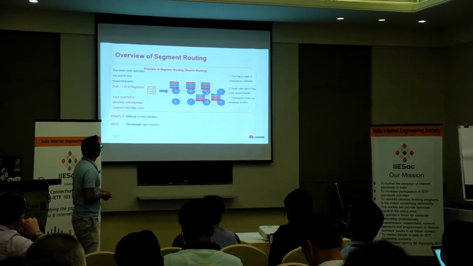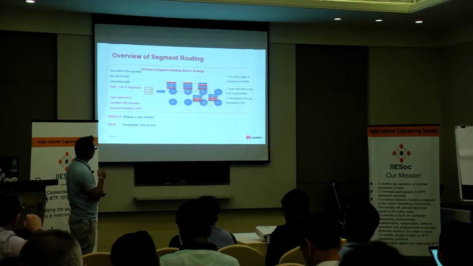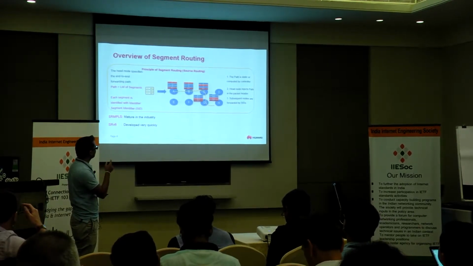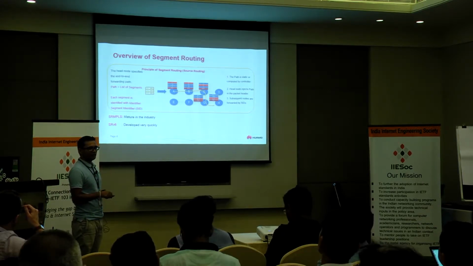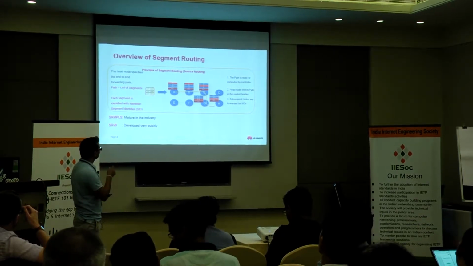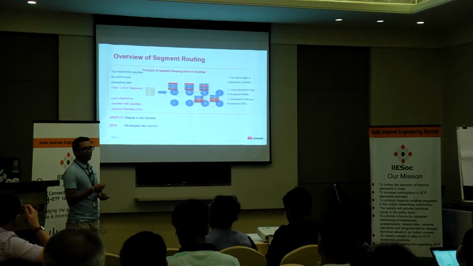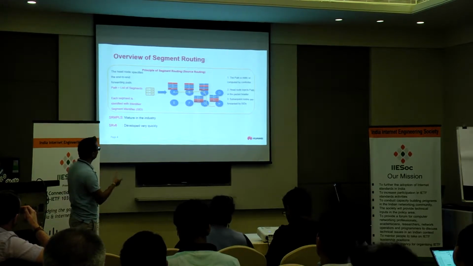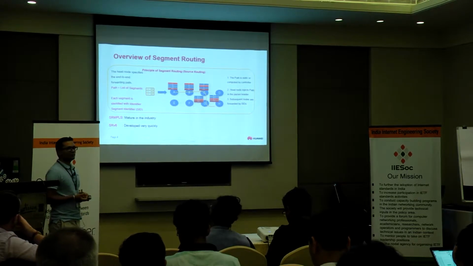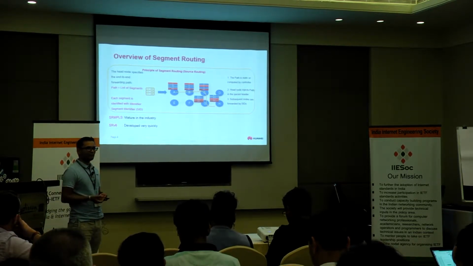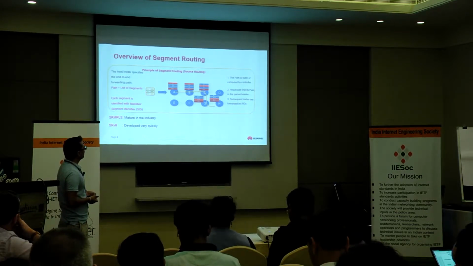It goes via C, G, and then H. A forwards the packet to C. C understands the instruction, which is already programmed in C, then executes to G and H. It doesn't send it to D. Maybe the best path is via D, but you have programmed it to go to G and then finally H. The path can be computed by a static policy or by some algorithm, or it could be computed by a controller as well.